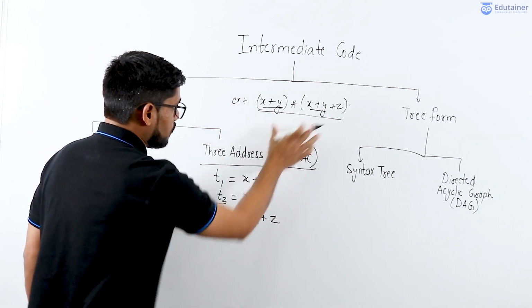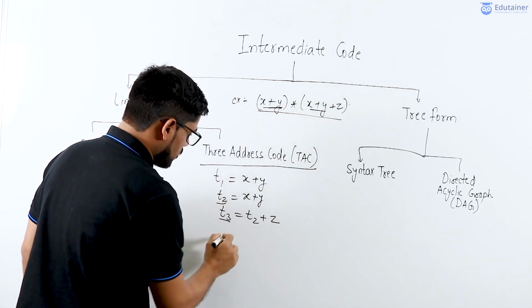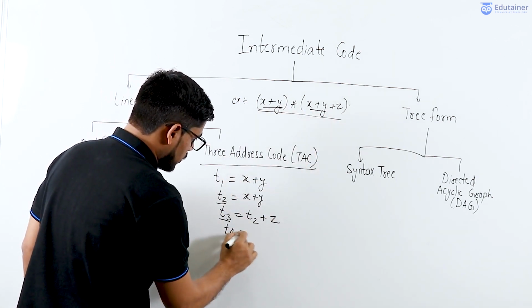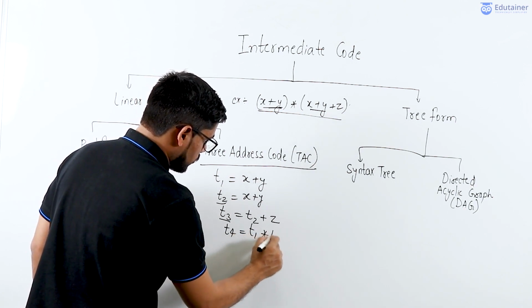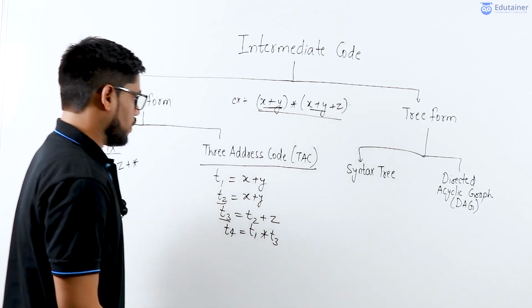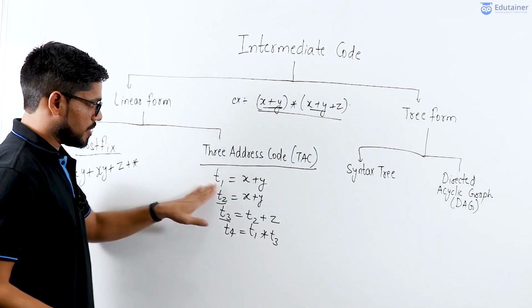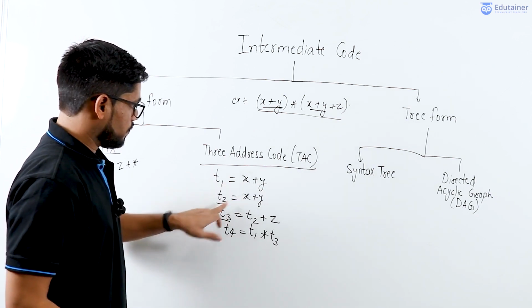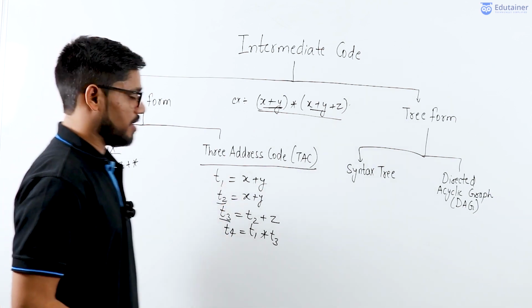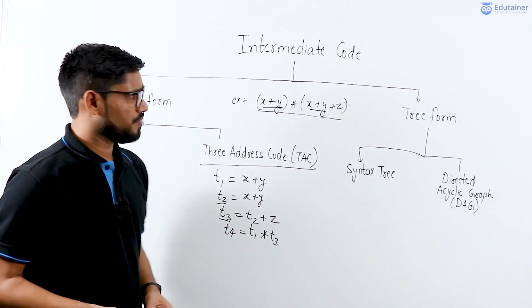Finally we have to multiply x plus y and x plus y plus z, so t4 is equal to t1 into t3. So in three address code there are maximum three addresses present in any expression: 1, 2, 3.